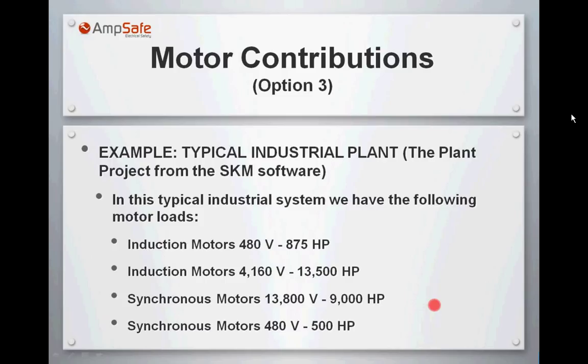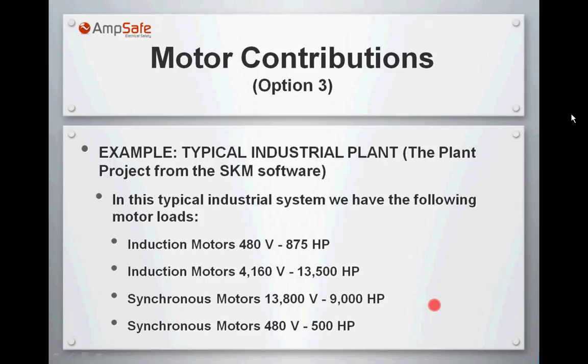In this plant project, there are 875 horsepower of induction motors at 480 volts. There are also some other induction motors at medium voltage, 4.16 kV, and we have many more horsepower there: 13,500 HP at this voltage level.